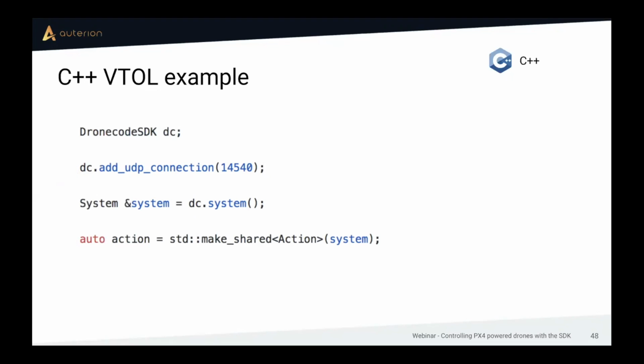So this is the UDP MAVLink connection to software in the loop, to the simulation, on port 14540, which is an extra port running for things like the SDK or MAVROS next to the default port connecting to QGroundControl. We get a system, we get a reference to the system actually. And in this case, we just instantiate one plugin, we just need action for now.